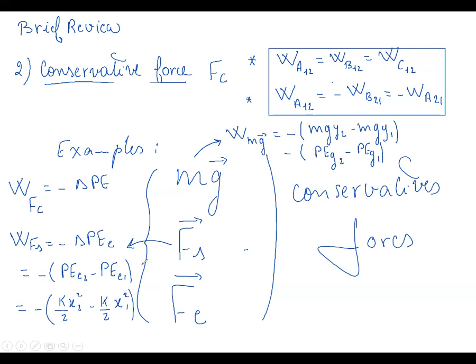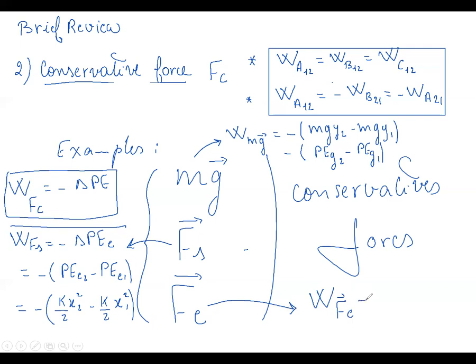In general, the work done by the conservative force equals minus delta potential energy. The same in this chapter, I want to talk about the electric force and the calculation of Fe, and we will see later that omega Fe equals minus the change in electric potential energy. We see this in this chapter.